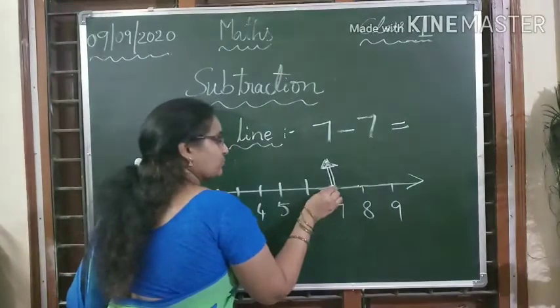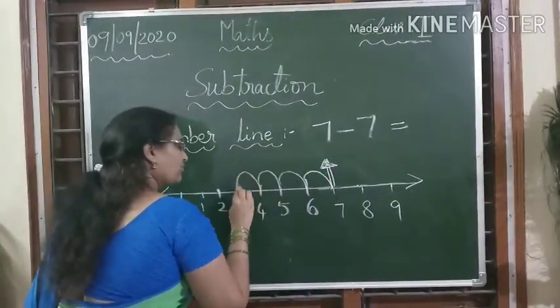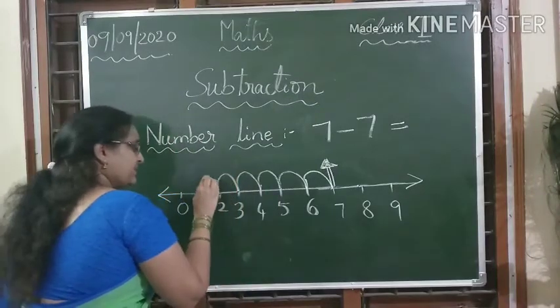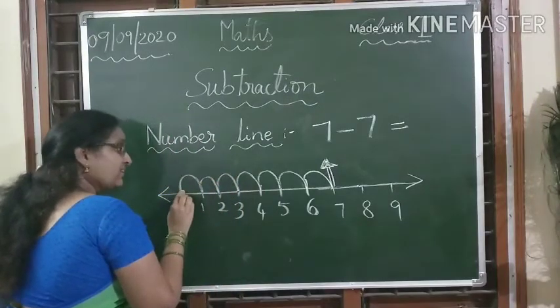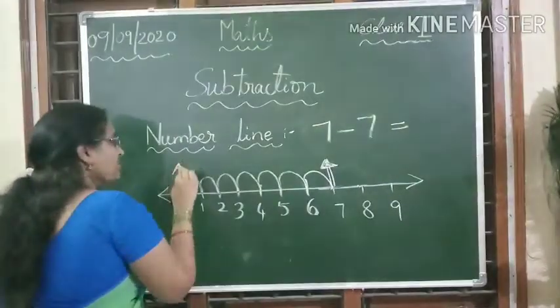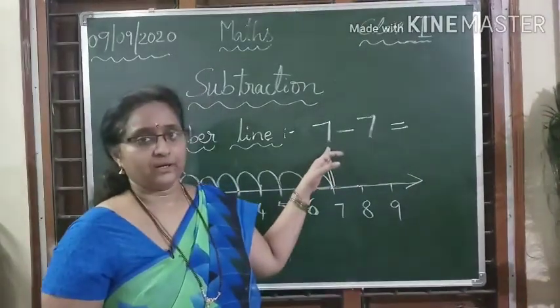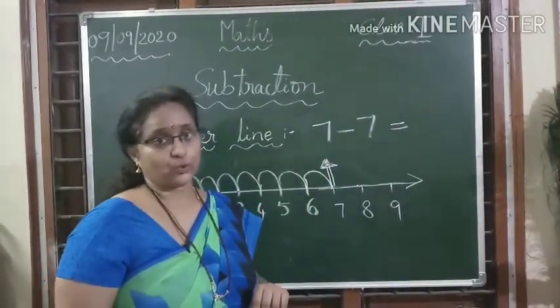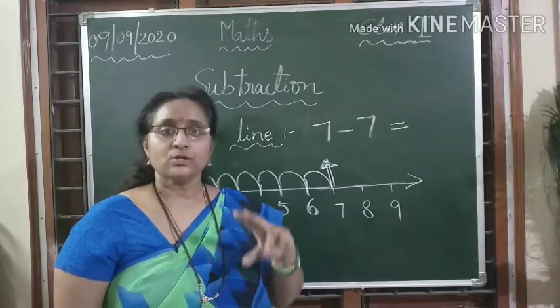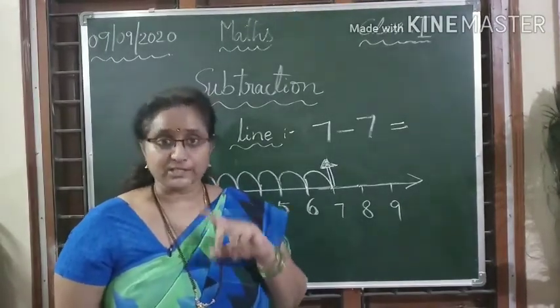So, let us move. 1, 2, 3, 4, 5, 6, 7. What we got? 0. That means when that same number is subtracted from that number, we will get 0. When we subtract two numbers which are same, there we will get 0.